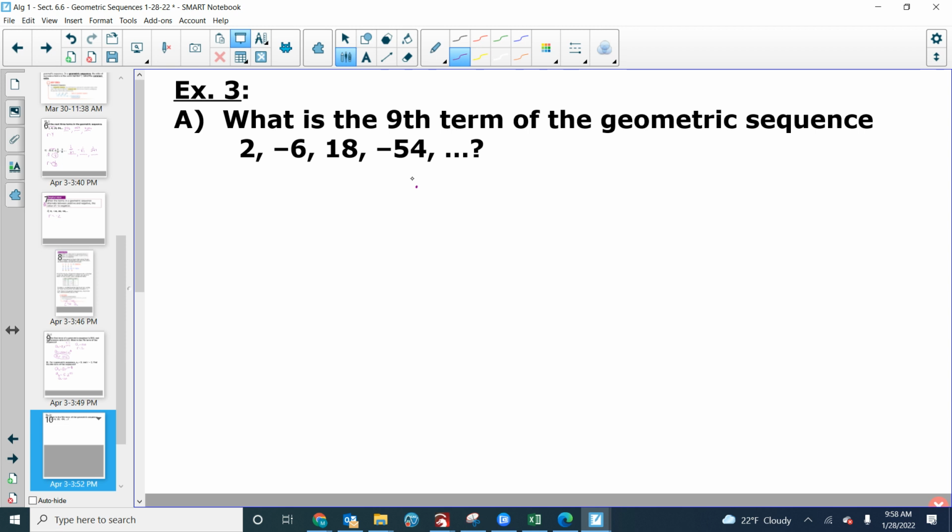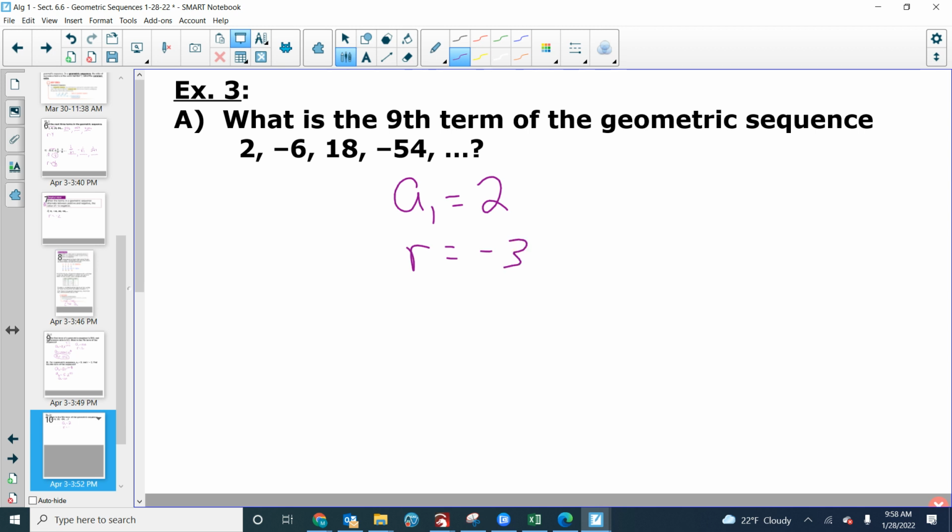Let's see. A sub 1. What's my first term, obviously? What's my common ratio? What do you think, Luca? How many agree? Negative 3?